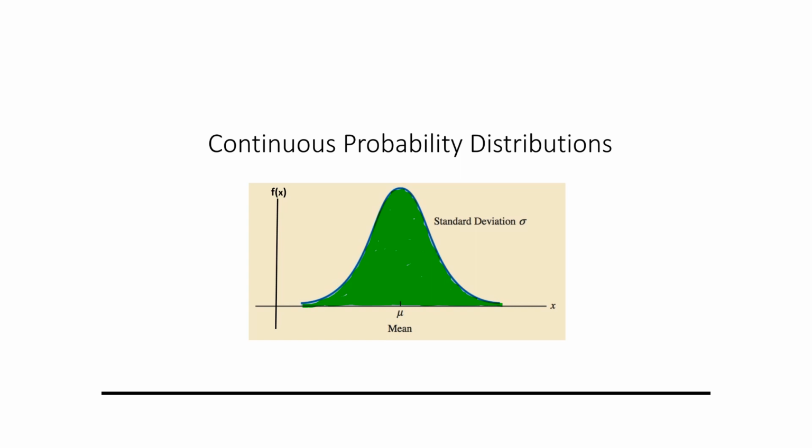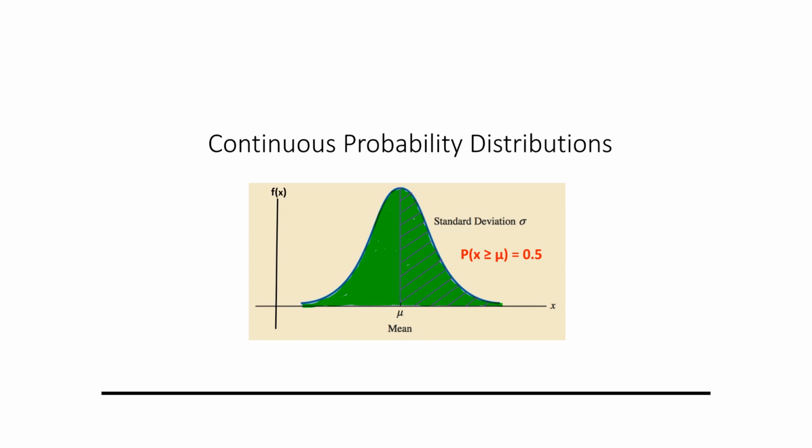So the surface area under the curve in an interval of x values gives us the probability that the random variable assumes values within that interval. What's illustrated here is the interval that contains all the possible x values. So the probability that the random variable assumes values within that interval is 1.